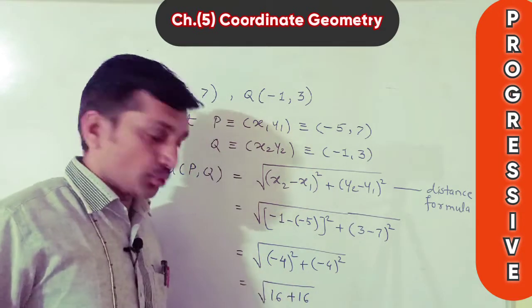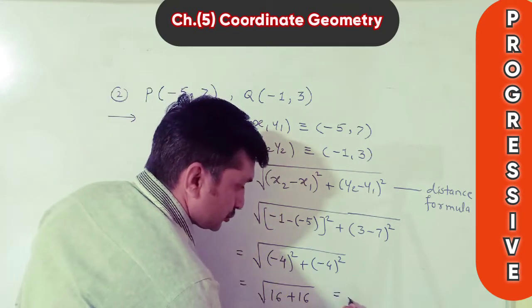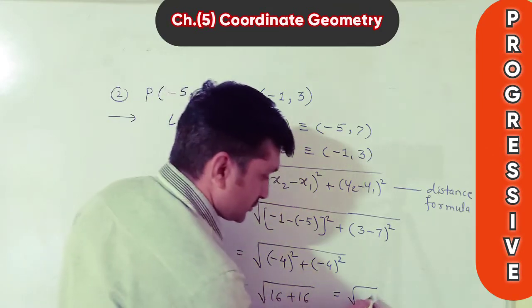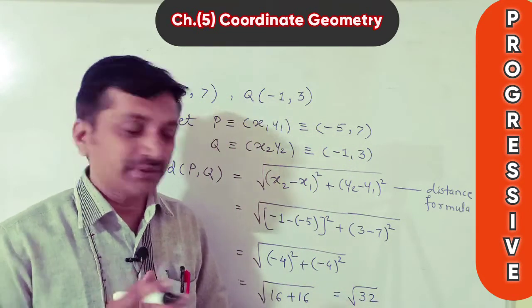Now the square root of 16 plus 16 is equal to the square root of 32. 32 is not a perfect square, then split that number.